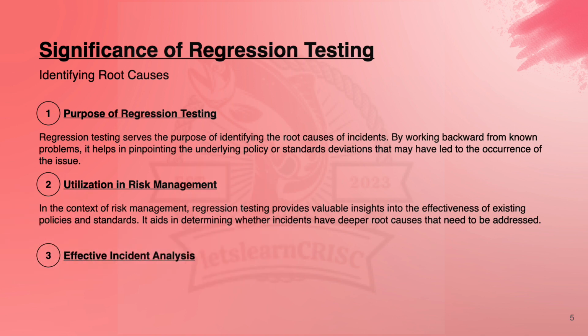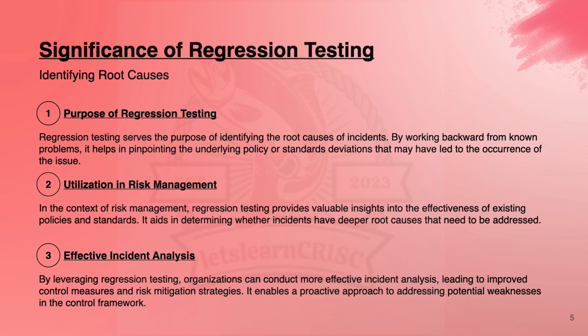Next, the significance is about effective incident analysis. It states that regression testing allows organizations to analyze incidents more effectively, right? It helps in understanding the cause of issues, leading to better control measures and strategies to reduce the risk. Friends, it is a proactive approach to strengthen the overall control framework.